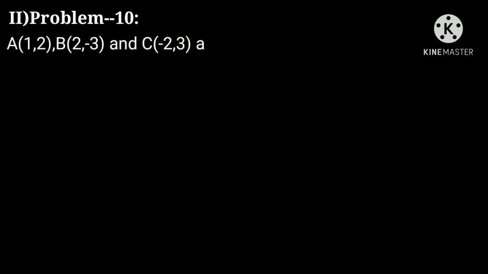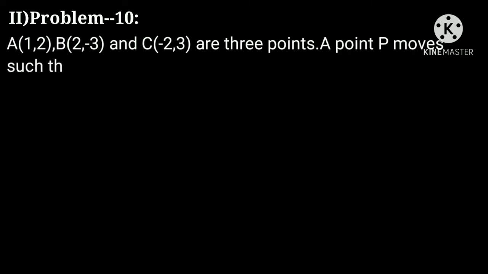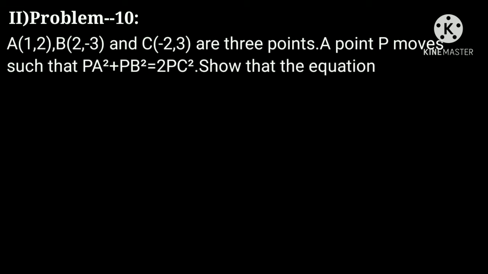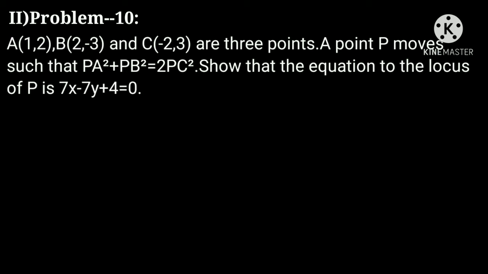Problem number 10. A(1, 2), B(2, -3) and C(-2, 3) are three points. A point P moves such that PA² + PB² = 2PC². Show that the equation to the locus of P is 7x - 7y + 4 = 0.